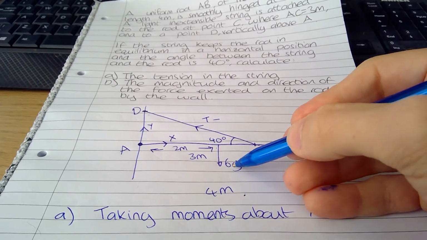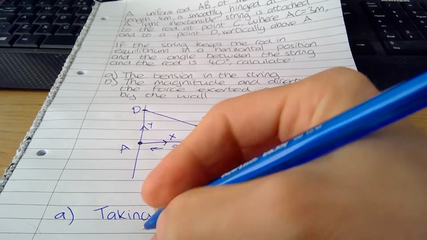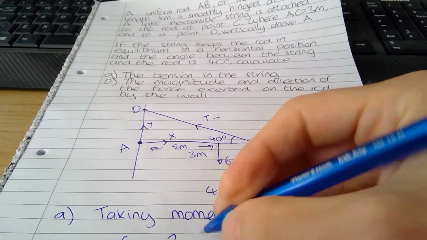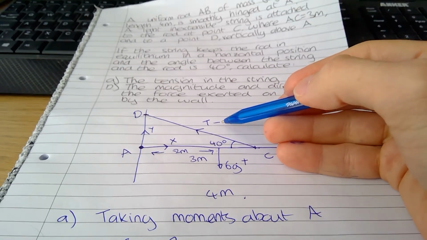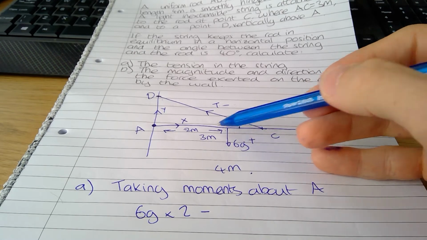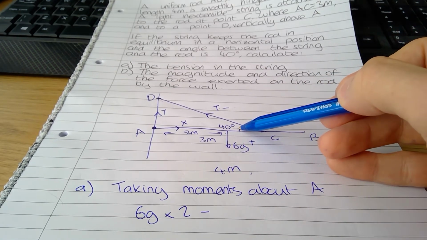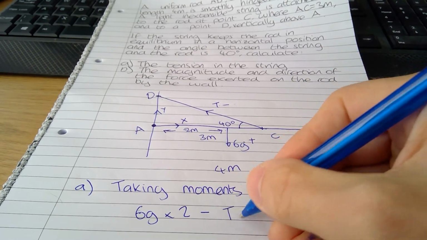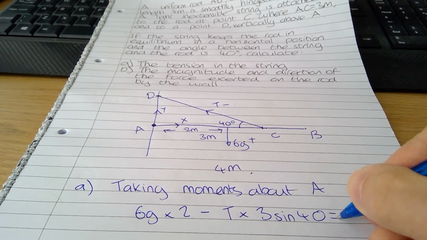The moment of the 6G force is 6G times 2 meters, because that's how far it is from A. The tension is negative, and its moment is T times the distance, 3 meters, times sine 40. That was one of the rules we had for calculating moments. So 6G times 2 minus T times 3 sine 40 equals 0.